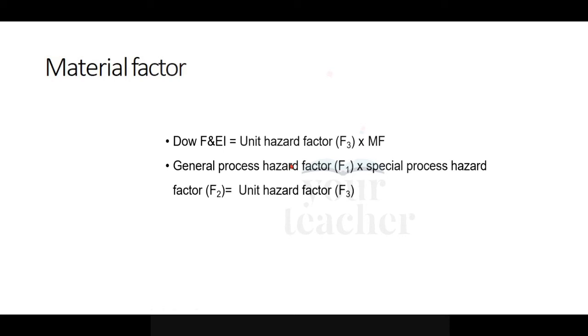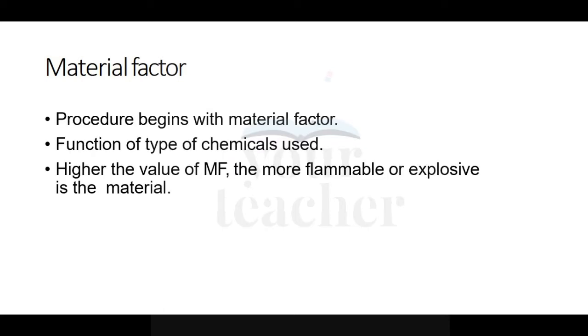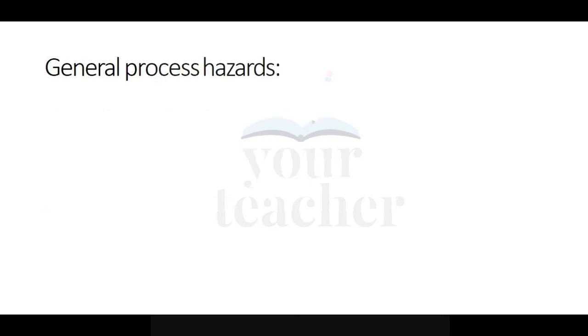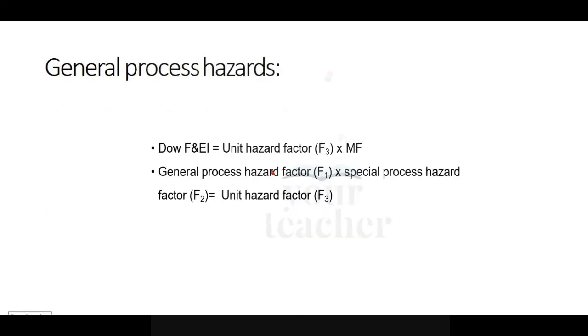And if the material factor is very low, we can conclude that the material is of very low flammable character. The material factor is used to find the function of the type of chemicals used. As we have already discussed, a high value of material factor means the material is more flammable and explosive.